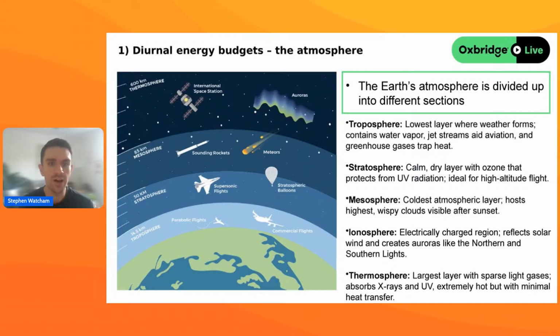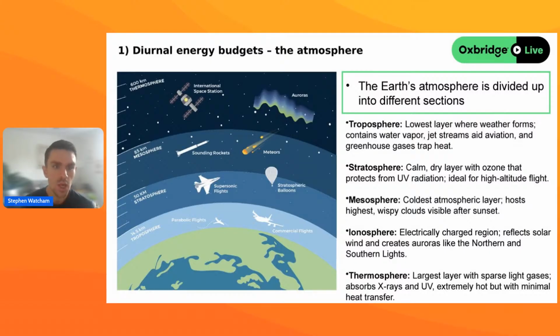Moving further outwards, we have our stratosphere, okay? Much calmer, much less going on here. It's essentially the layer that has the job of protecting us from UV radiation, and it's where you find the upper limit of modern aviation, about 30,000 feet.